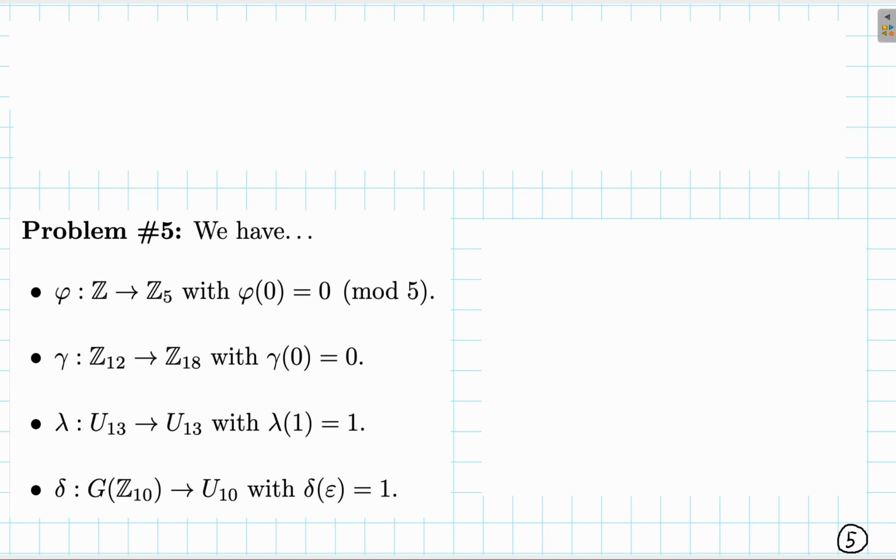Let's talk about problem 5, where we saw a common pattern of behavior amongst these homomorphisms. In particular, if we look at the homomorphism phi, it mapped the identity element of the domain to the identity element of the codomain. And the other homomorphisms did that same thing.